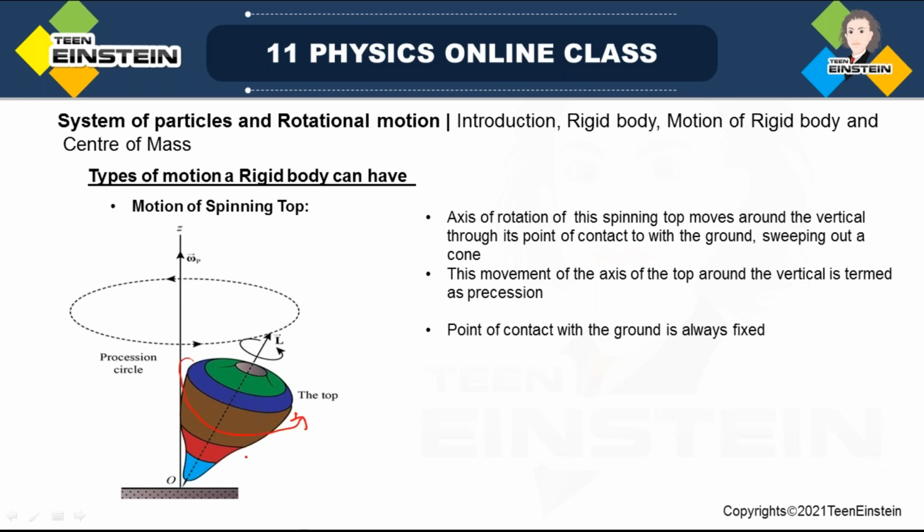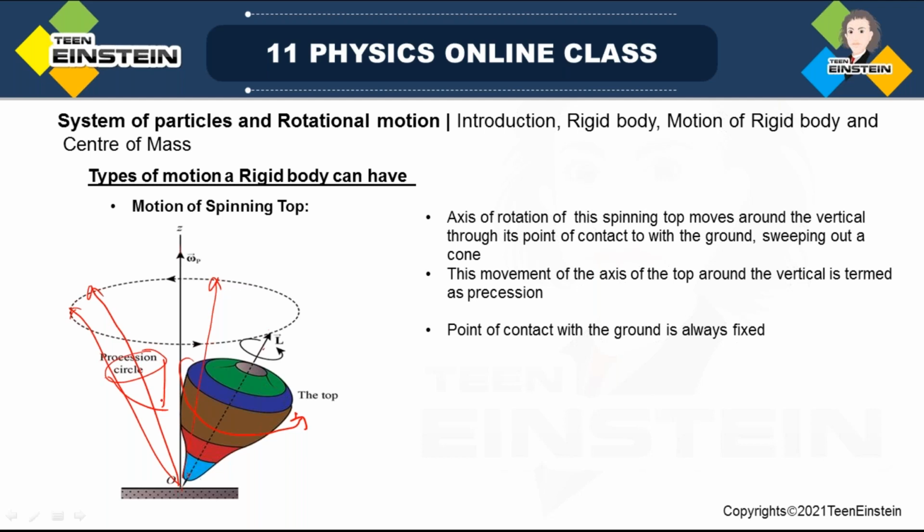Not only that, when it rotates, the axis of rotation also moves around the vertical axis. If this is OZ, a vertical axis, then this axis of rotation of the top will also be moving around it.